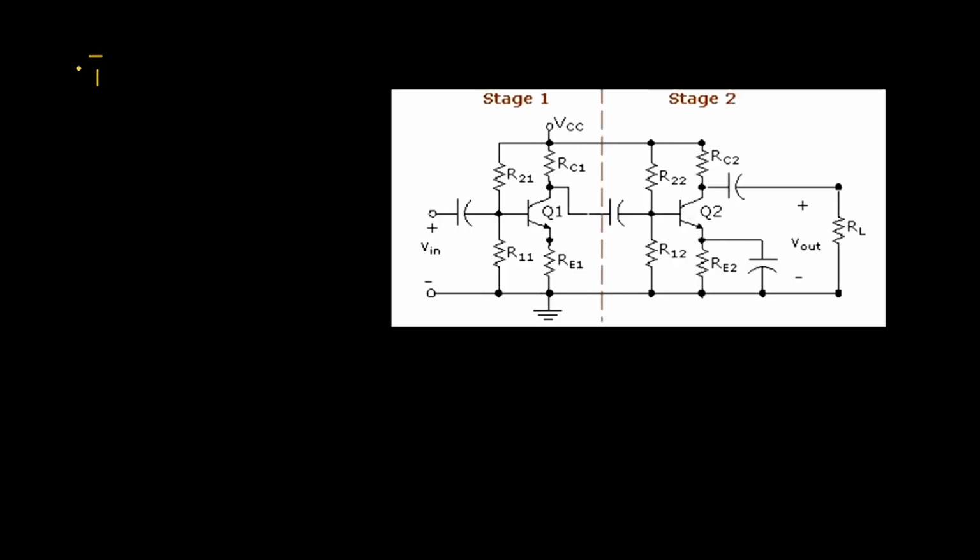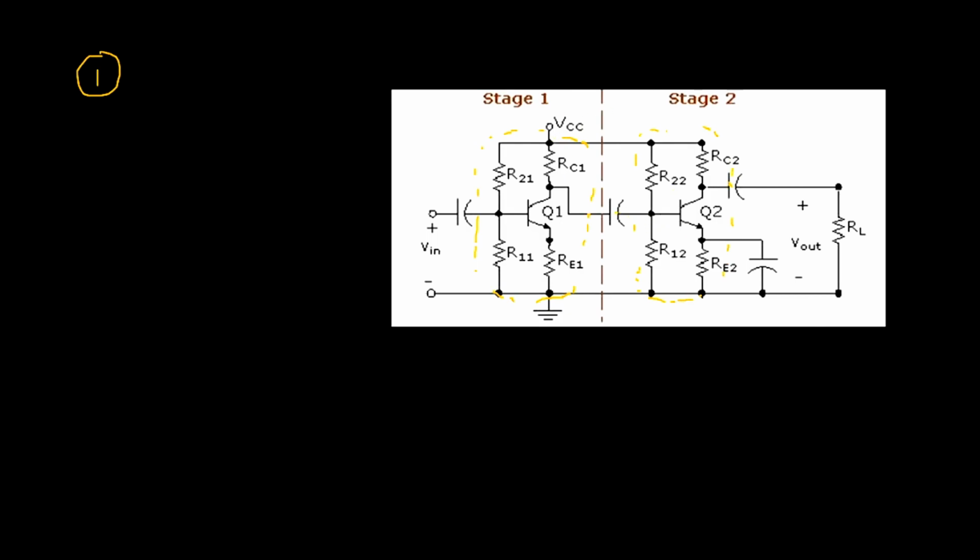So this is the first type, which is capacitive coupling. Like you can see, this is a normal amplifier in voltage divider bias. And if you look at this part alone, you have another amplifier in voltage divider bias.